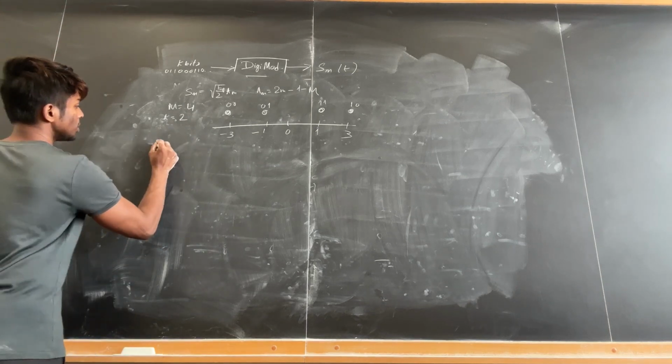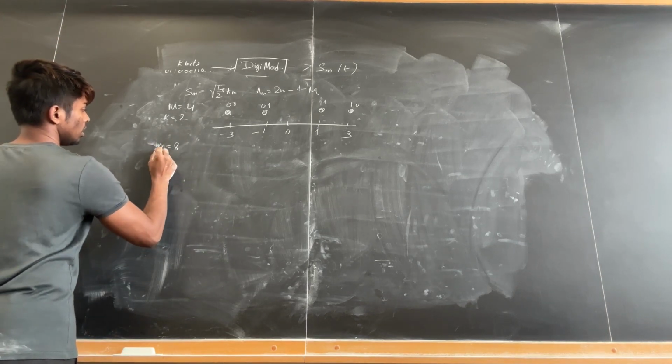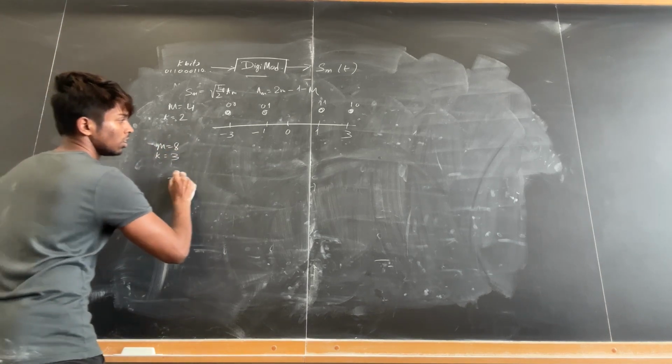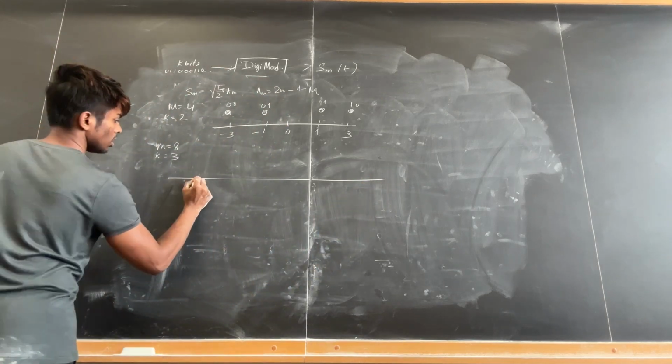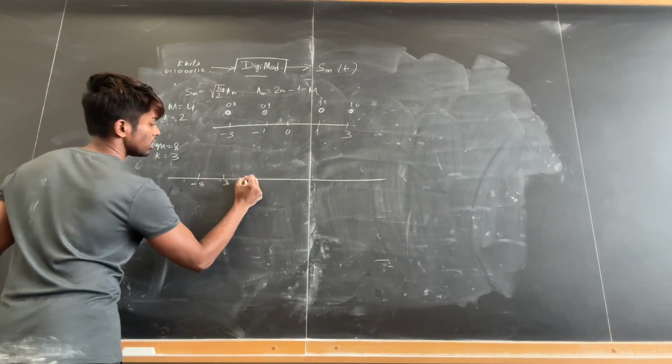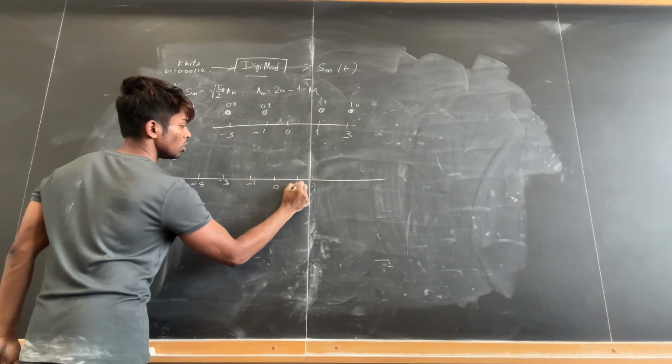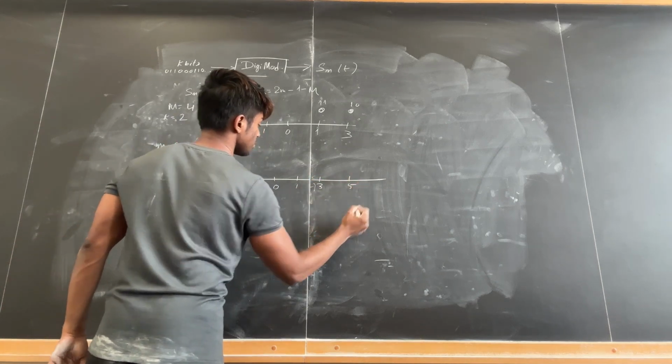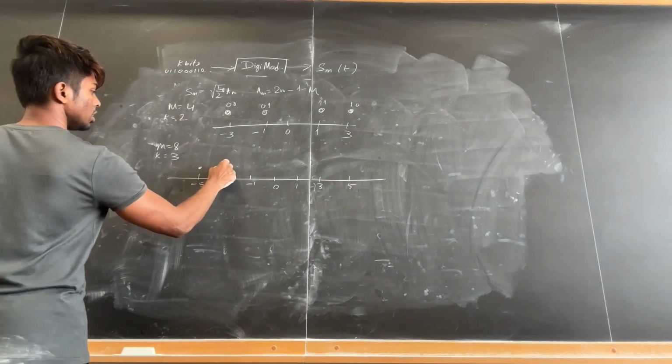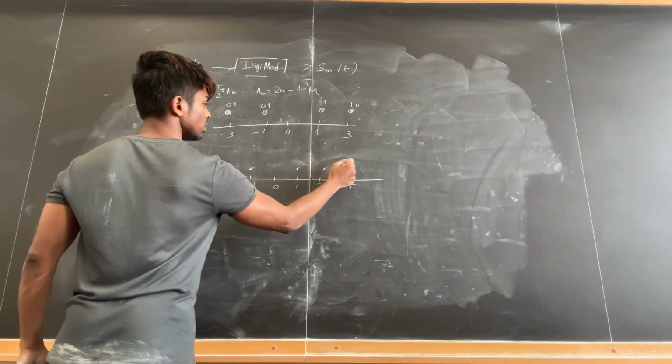What happens at M is equal to 8, k is equal to 3? We expand further: minus 7, minus 5, minus 3, minus 1, 1, 3, 5, 7. So here, here, here, here, here, here.